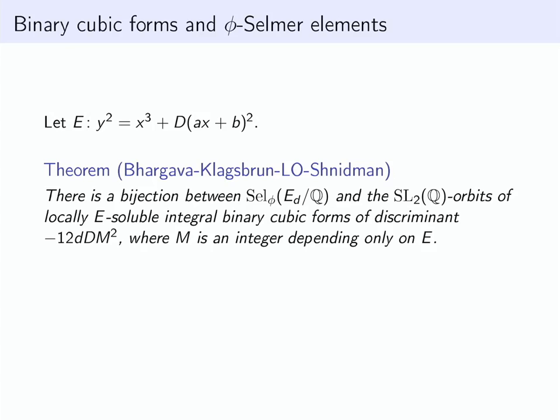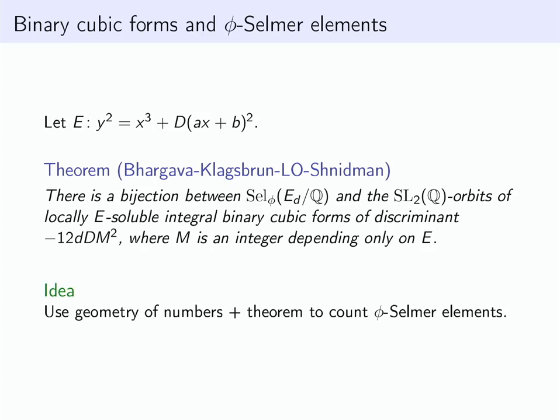Again, this is maybe a mouthful and hard to parse, but the idea is that we turn these Phi-Selmer elements, which we want to understand explicitly, into something which we can attack using geometry of numbers ideas. In fact, the key idea of our proof is that we can almost port in directly existing results on the distribution of binary cubic forms, together with this parameterization, to count these Phi-Selmer elements.